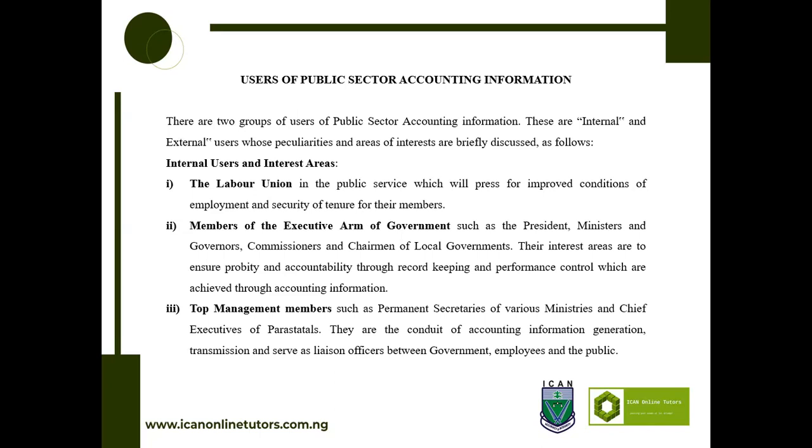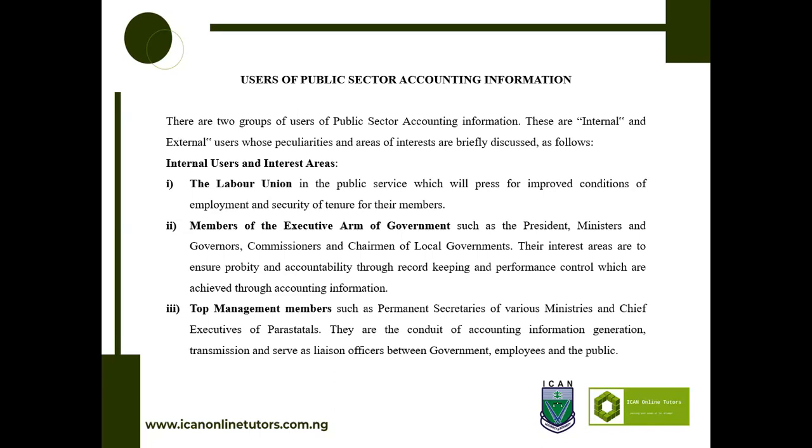We have the top management members. These are also primary users of public sector accounting. Examples of top management members: we have the permanent secretaries of various ministries and chief executives of parastatals.